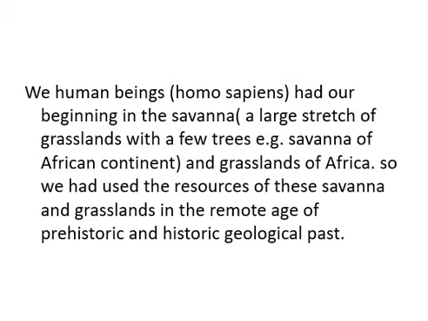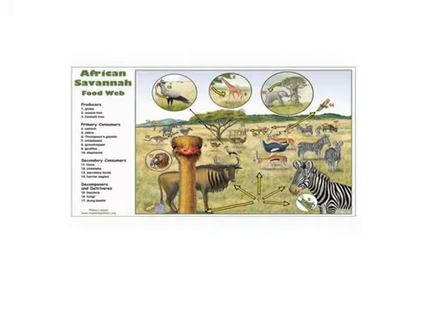The savanna of the African continent is a good example. We used the resources of these savannas and grasslands in the remote prehistoric and historic geological past, in the beginning of the human race, the emergence or genesis of human civilization in primitive times, time immemorial.